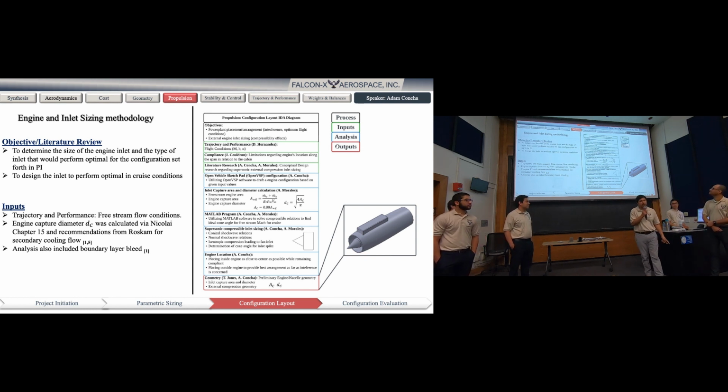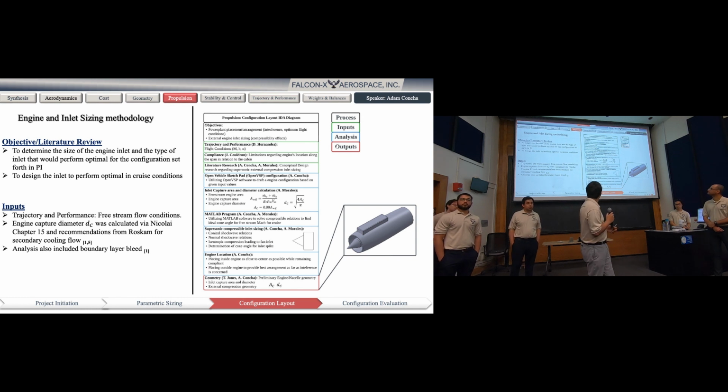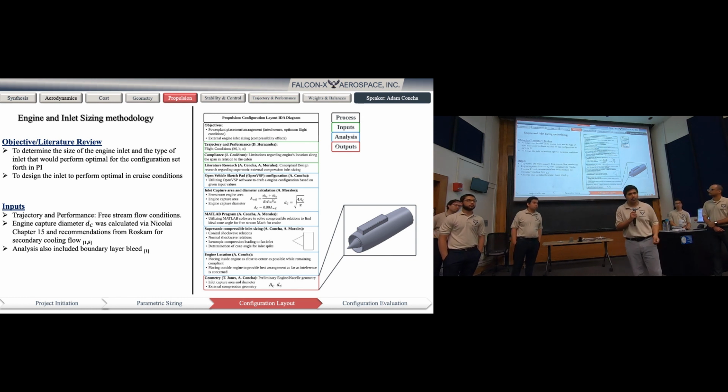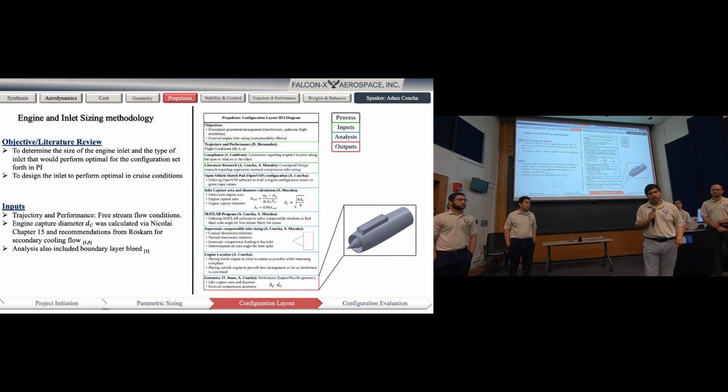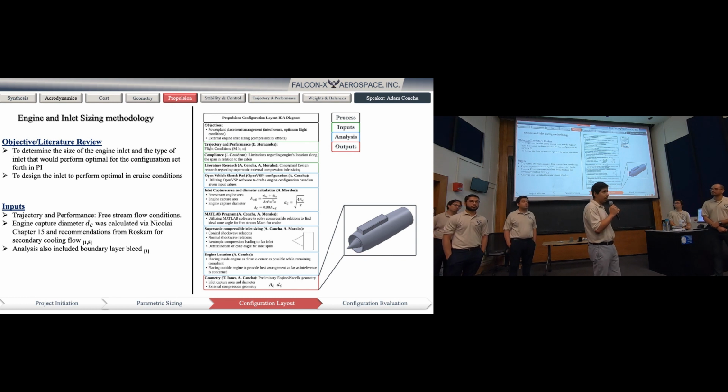So for the propulsion configuration layout, we have the engine inlet sizing and engine sizing component of the analysis, and how this would be done is that we take inputs from trajectory performance and from the mission requirements to determine the optimum angle here for the conical spike that would be required for cruise. And so next slide.